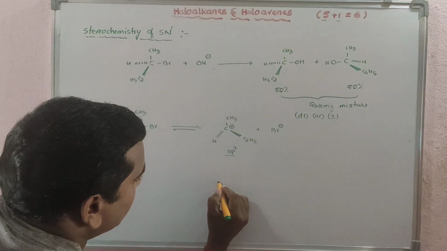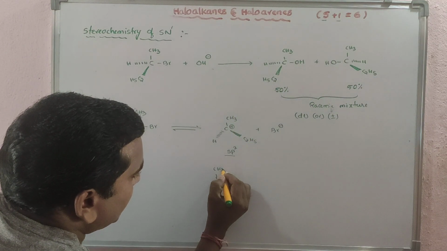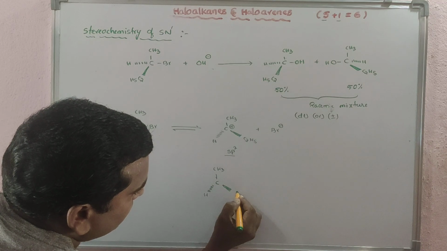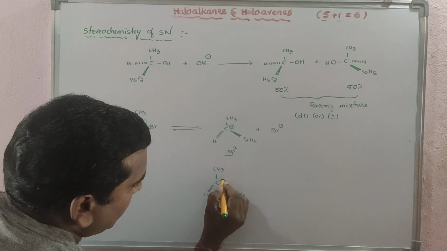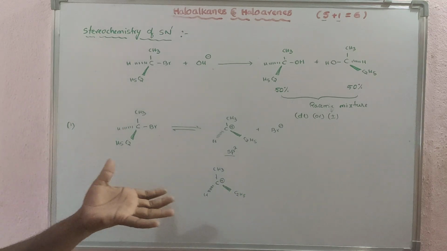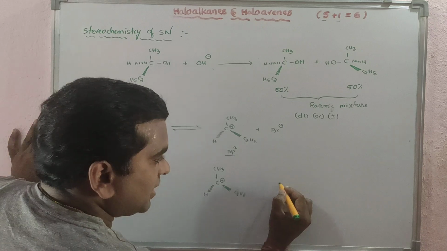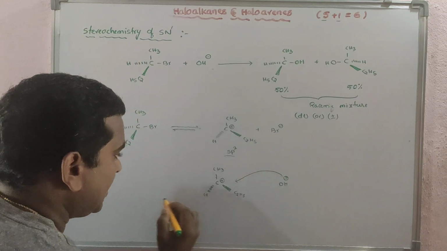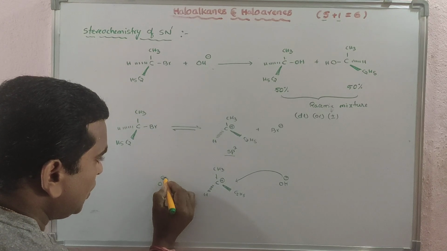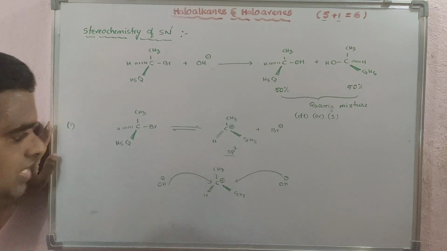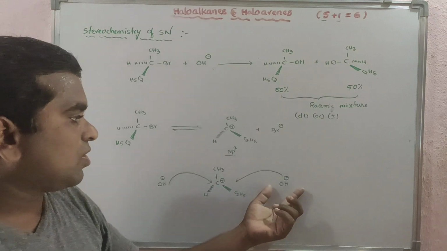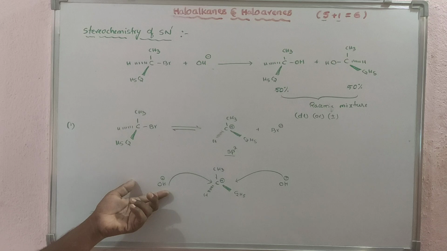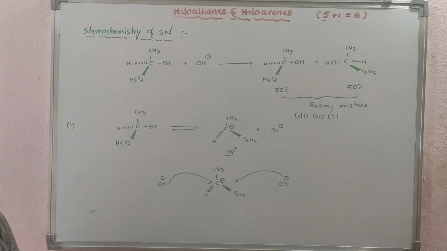Now, see. Here CH3, there will be an H, and here C2H5 and plus. It is a planar molecule, so there is a chance of the nucleophile attacking from the front side, and another chance is that the nucleophile can attack from the back side. There is a 50% chance of the nucleophile attacking from the front side, and 50% chance of attacking from the back side. Clear?